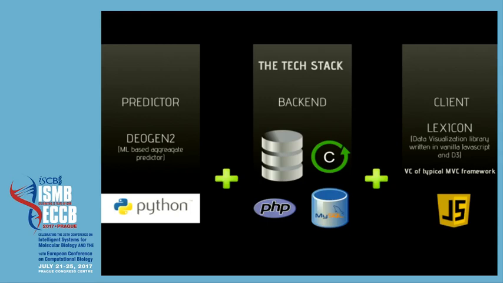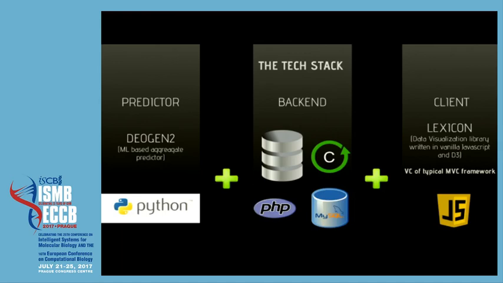So this is about the tech stack a little bit. I'm going to speak for the machine learning-based aggregate predictor, as I talked. Its name is Deogan2. It is written mainly in Python. For the backend, we have some scheduled maintenance loops and scripts written in C, and for the database we use MySQL, and for client to server communication we use PHP.